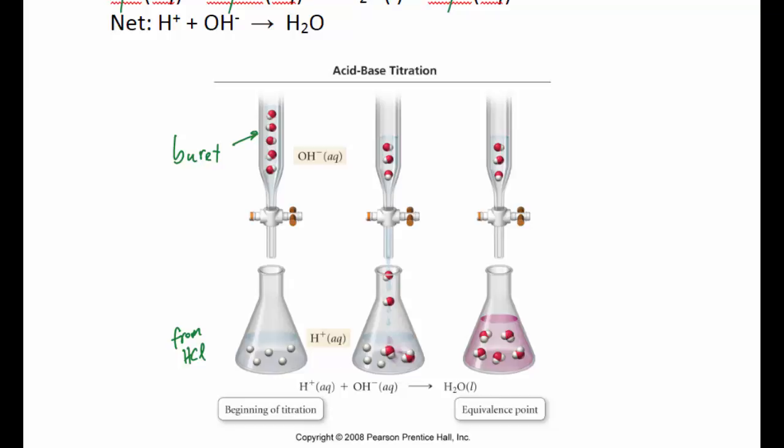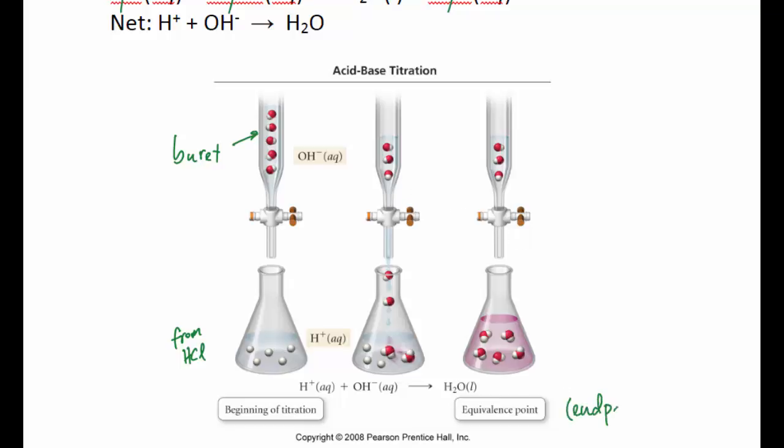You see from the reaction here, H+ and OH can combine together to make water. So with every OH that we add down in here, it neutralizes one of those H+'s and makes water. Okay? We continue adding it. It continues reacting with these H+ ions down in there until we get to the end point, or the equivalence point.